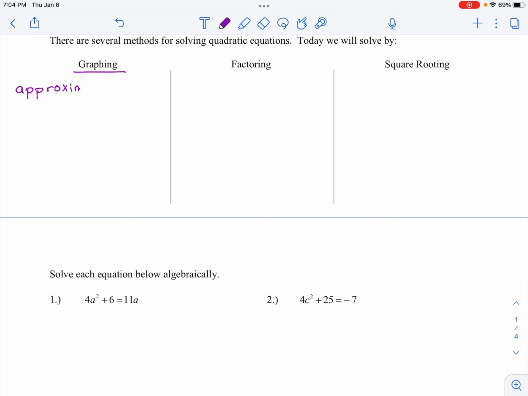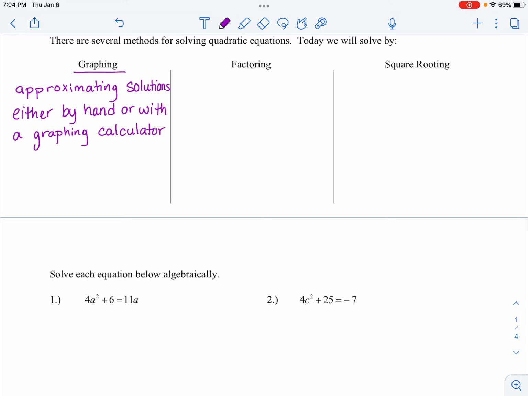So approximating solutions either by hand, like we did in the warm-up, or with a graphing calculator, okay?